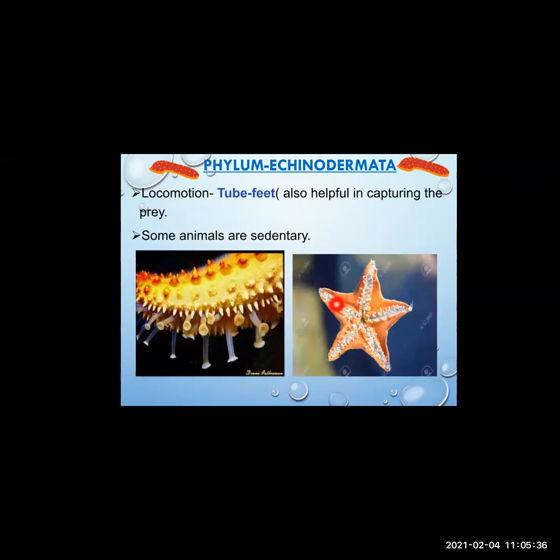And this is the starfish, picture of starfish, tube feet. Tube feet help them for moving, to perform locomotion. Tube feet are also helpful in capturing the prey. So what is tube feet? Tube feet are small tubular projections which are helpful for locomotion and even to capture the prey.